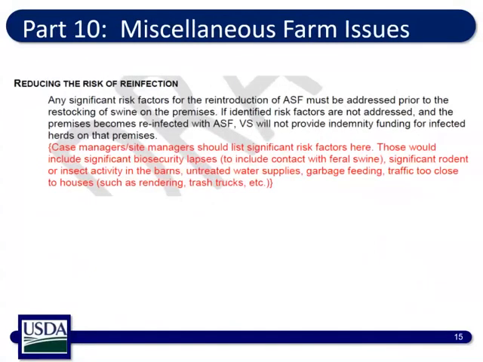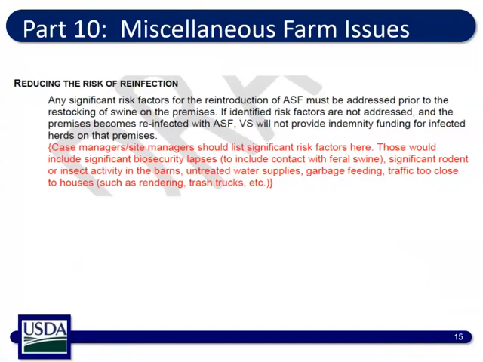The next part has a section for any miscellaneous farm issues specific to this premise. One good example I could think of: let's say this is a backyard outdoor farm in an area that has feral swine. Part of the herd plan might want to address additional fencing or improvement of exclusion of feral swine, and how would the farm, if they were eligible to restock, keep feral swine out?